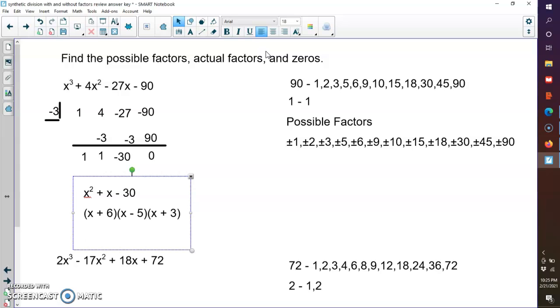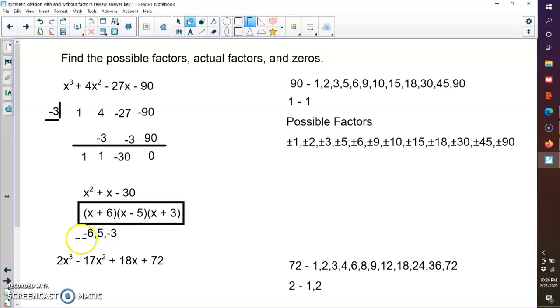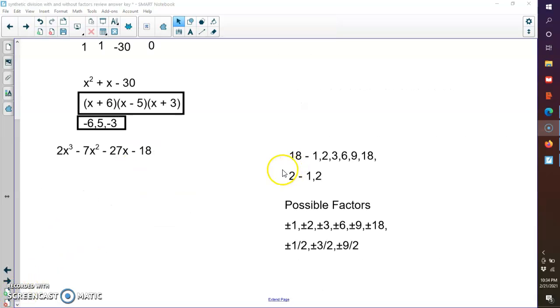So my zeros: negative 6, 5, and negative 3. And if you notice, those 3 zeros do appear on the possible factors, which they should every single time. Here are my factors. Here are my zeros.